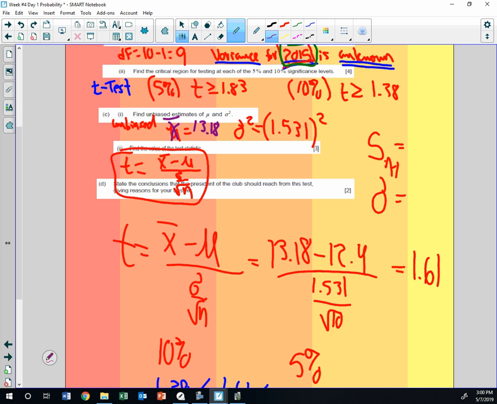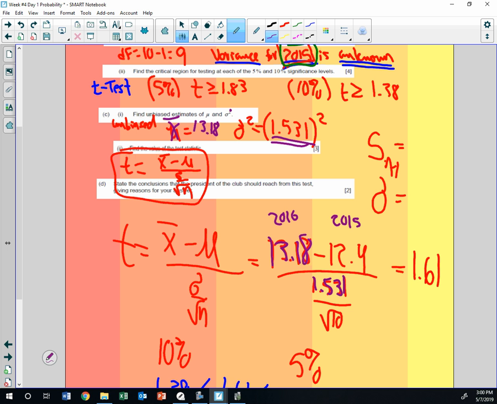X bar is 13.18, from the 2016 data, minus mu, which is from the 2015 mean. The standard deviation was 1.531. That's what we had here.